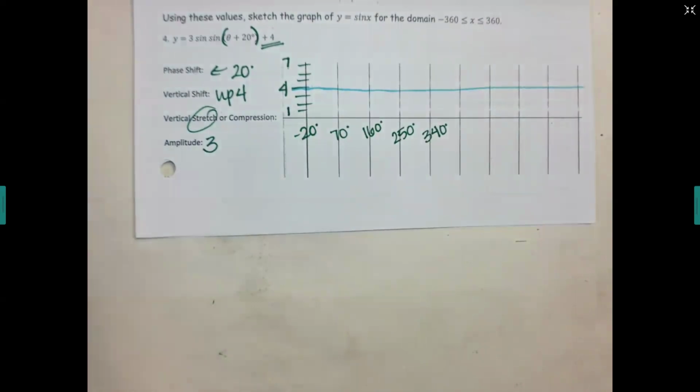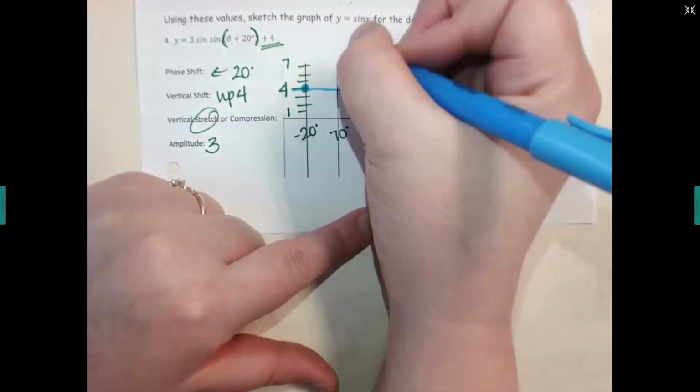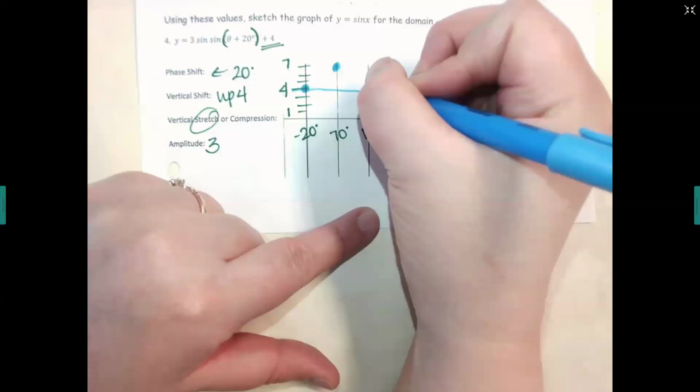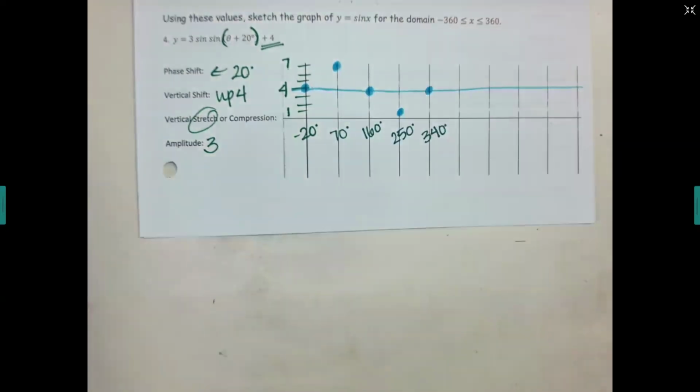Then remember, cosine, you would start at the top, but sine, you're going to start at the center. So put your first dot right here in the middle, at the midline. And then you're going to go up to 7, back to 4, down to 1, back to 4. And that would be one full wave.